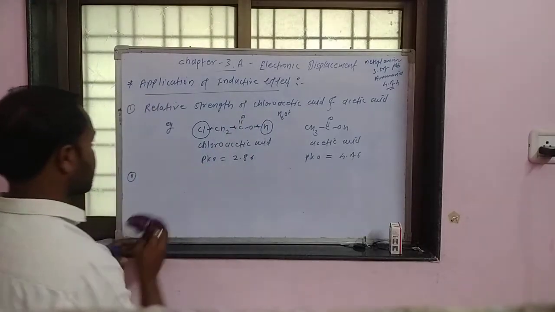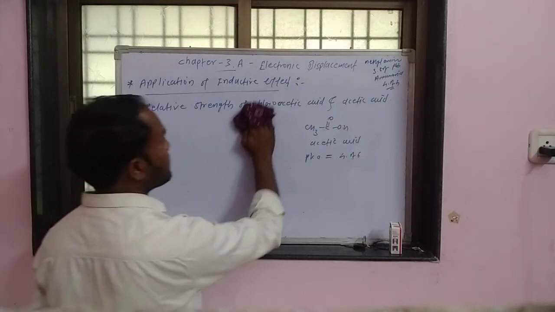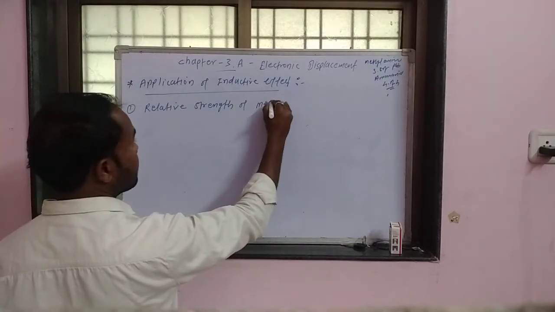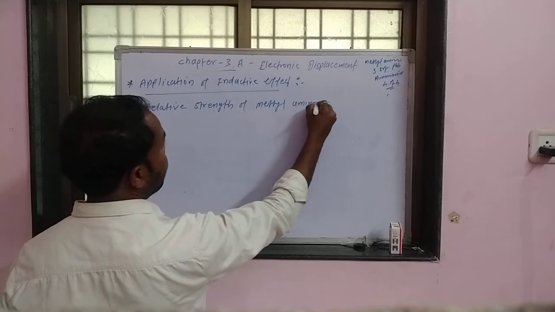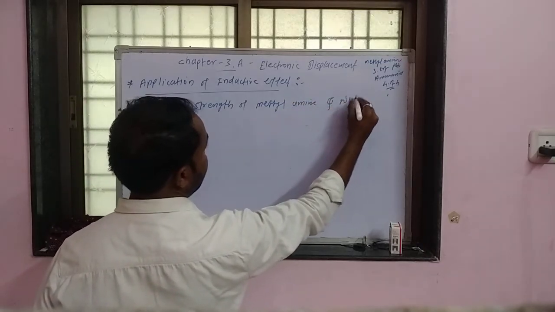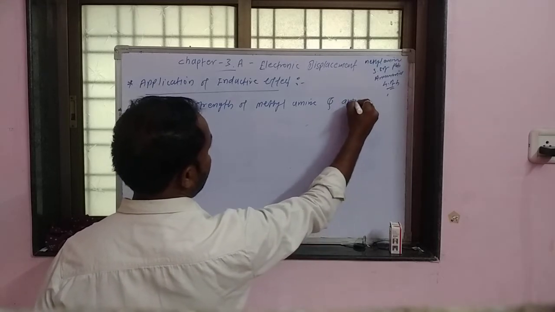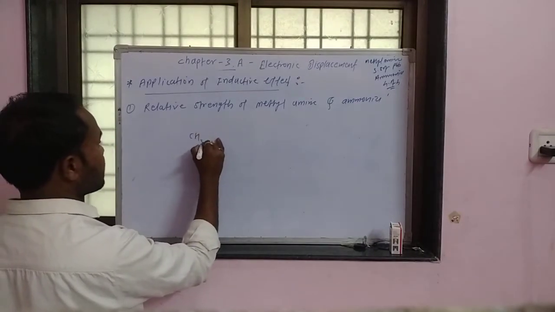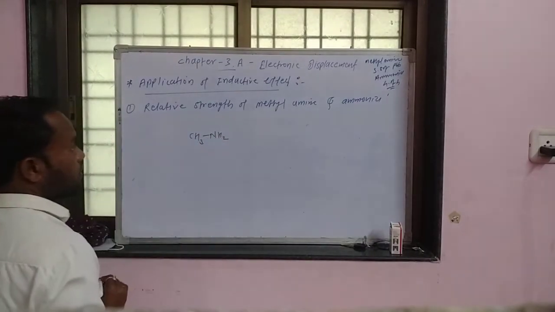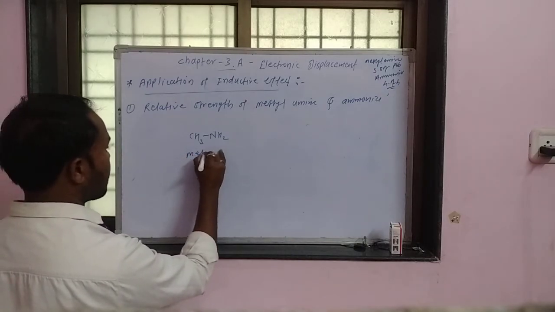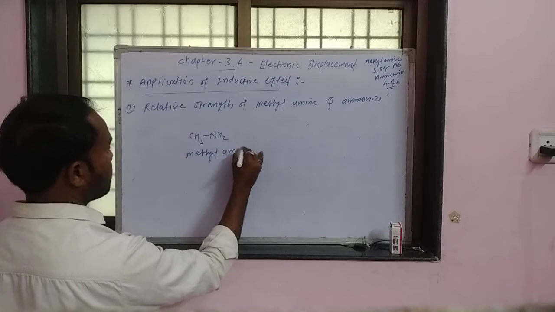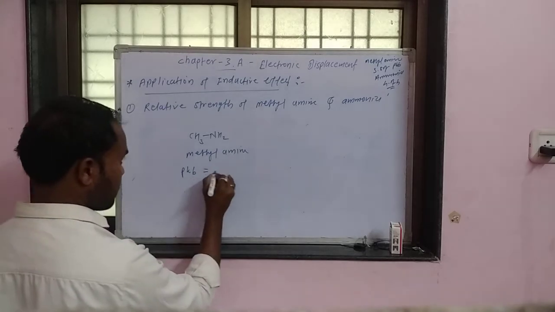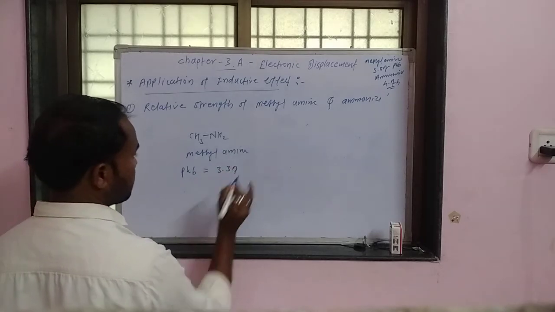Then the second application: relative strength of methylamine and ammonia. Methylamine, CH3NH2, is the formula of methylamine. Its pKb value, where b means base, is 3.37.